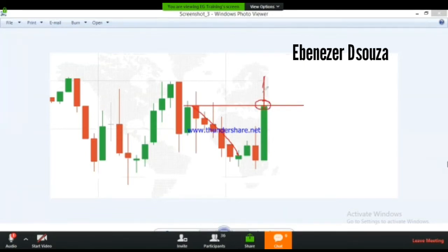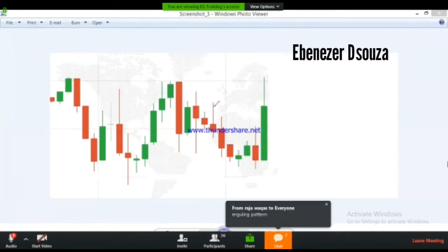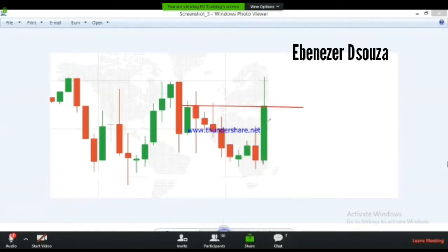So already we are seeing a sellers entry, sellers rejection, and this type of strong candle is a sign of reversal. This is a strong sellers area. So there are more chances to go down. And if you observe this market here, this is a strong candle, and the sellers are here now.